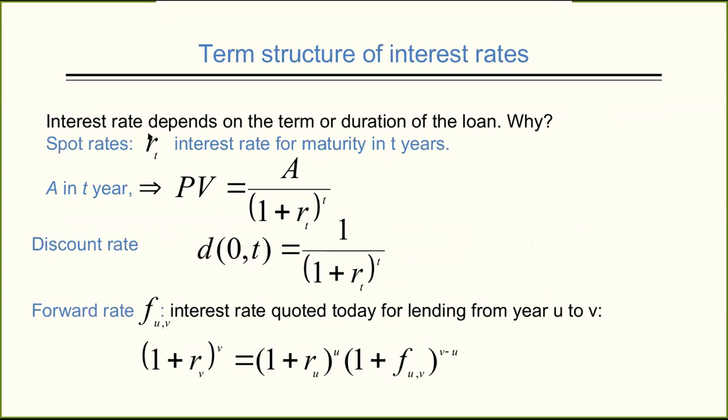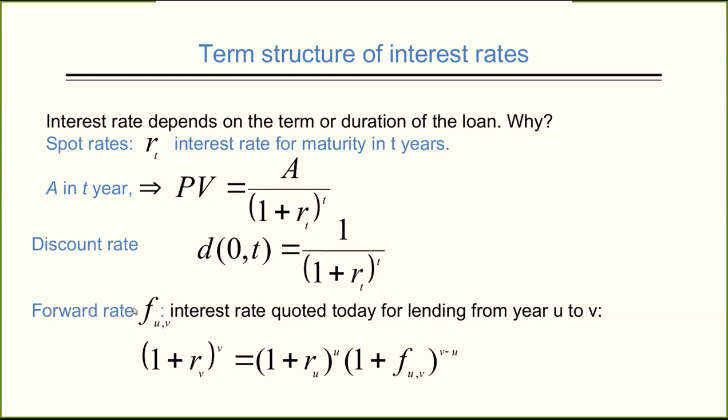Spot rates, capital R or little r, are what is announced today, at this moment. In this case, the present value will be found as A divided by 1 plus r to the power t. And this ratio is called a discount rate.